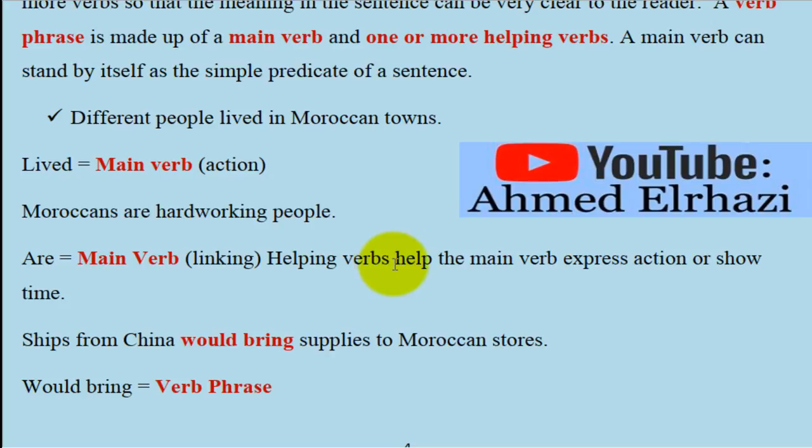Helping verbs help the main verb express action or show time. Helping verbs help clarify the meaning more by expressing the action or showing time.